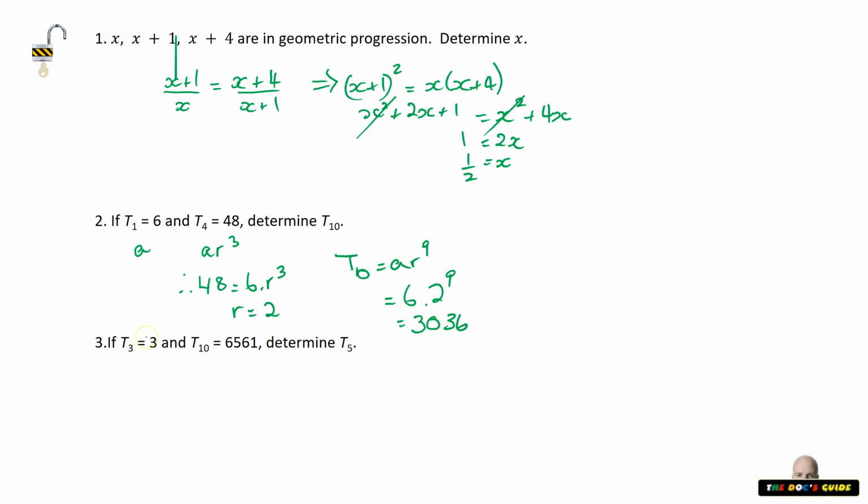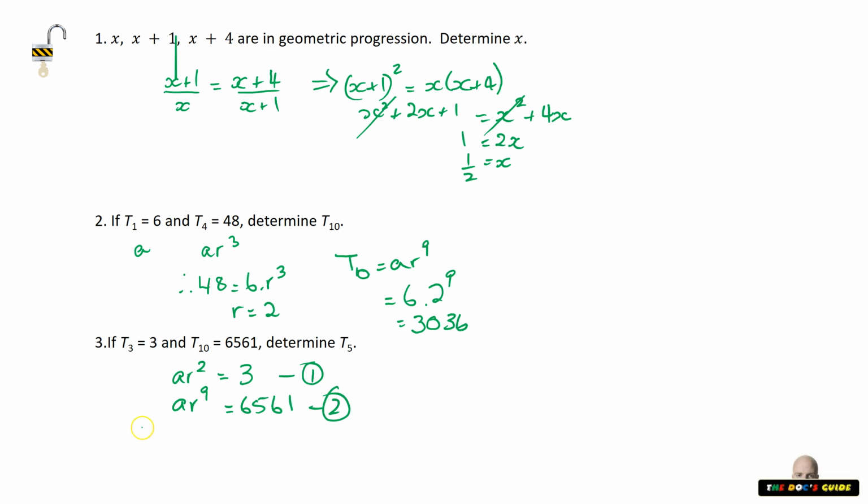For our next question, if t3 is this and t10 is that, determine t5. Even in the one above, what we were doing essentially was setting up two simultaneous equations. Here we have to be a little bit more explicit about it. t3 is ar squared, and that equals 3. t10 is ar to the 9, and that equals 6561.